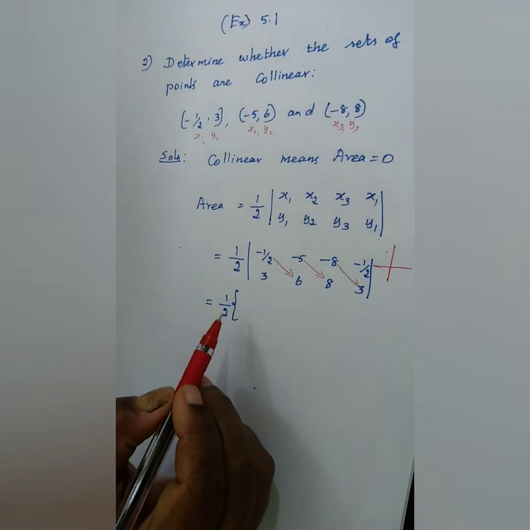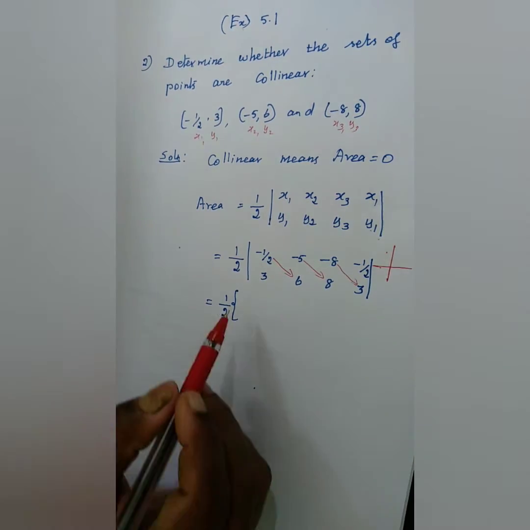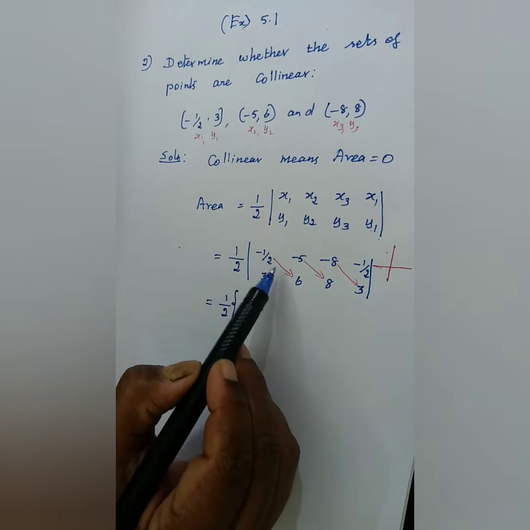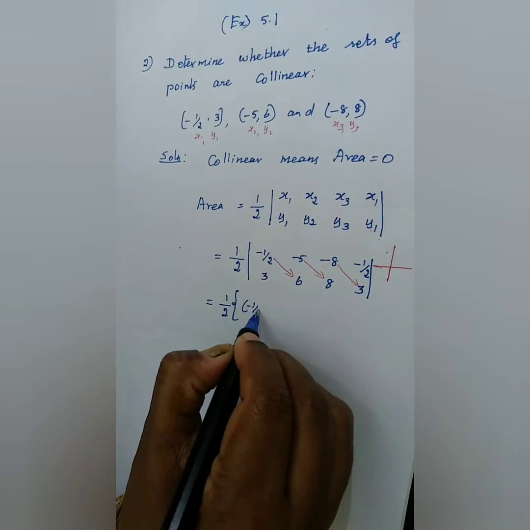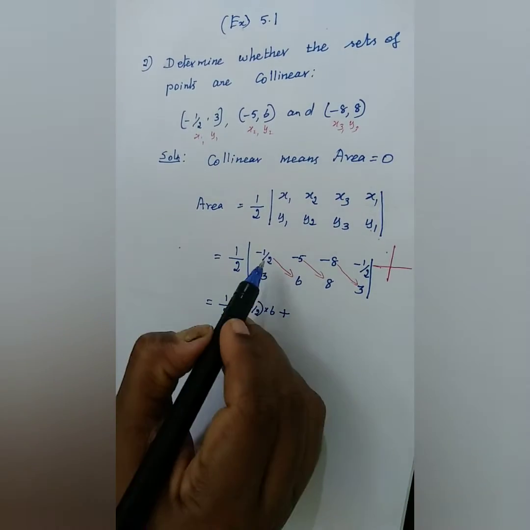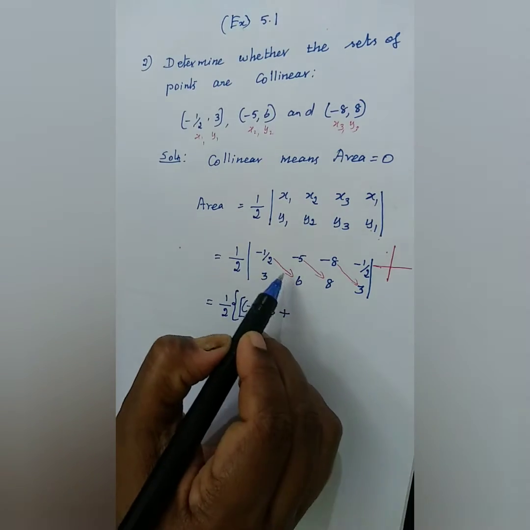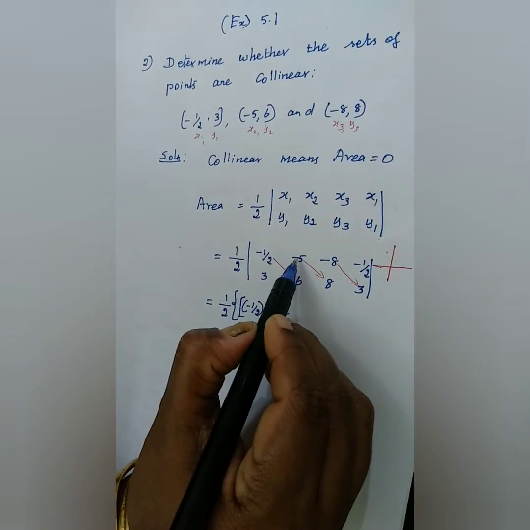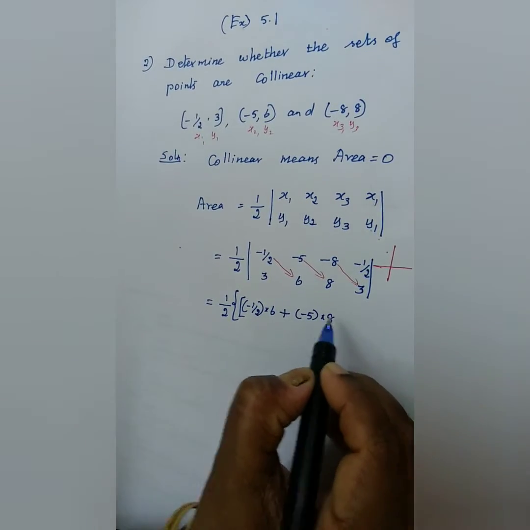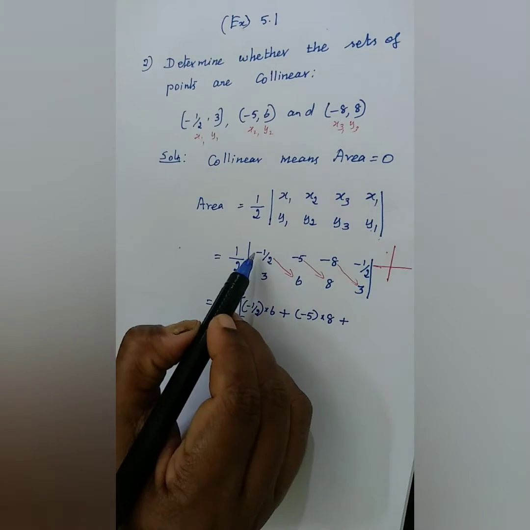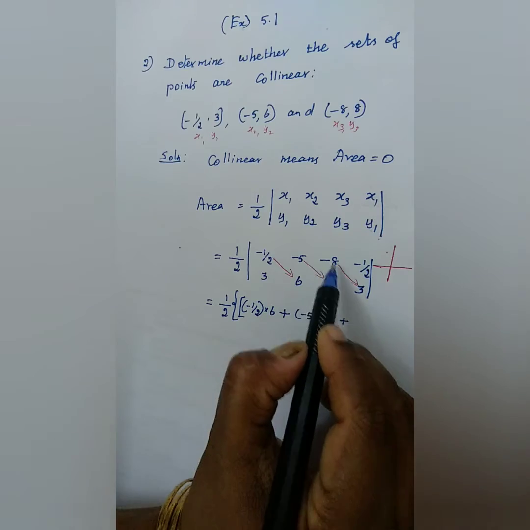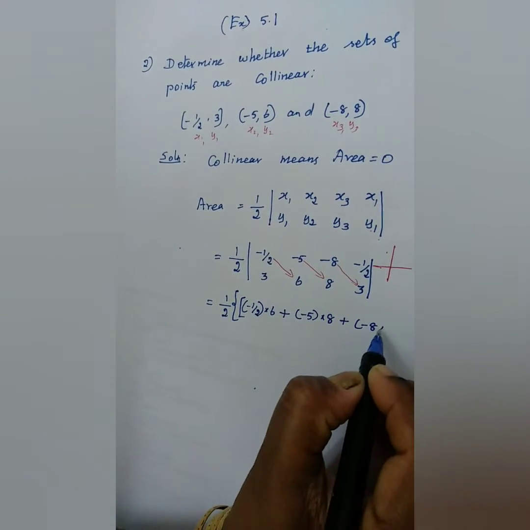Now first multiply minus 1 by 2 and 6. Minus 1 by 2 into 6, plus minus 5 into 8, plus minus 8 into 3.